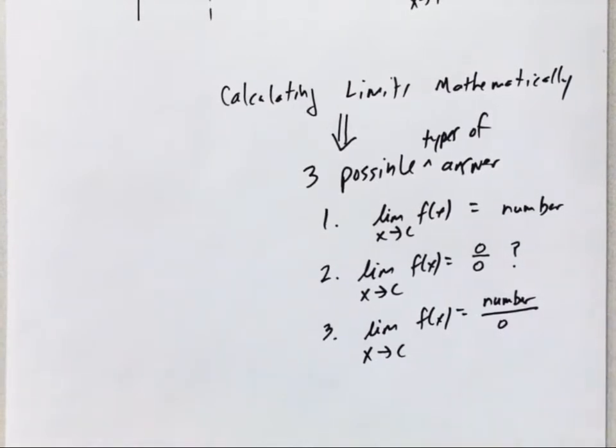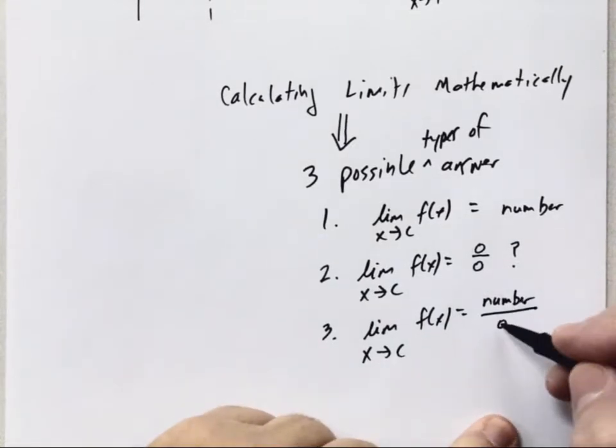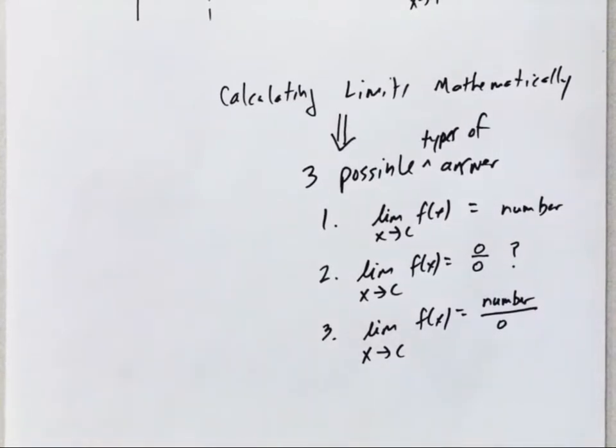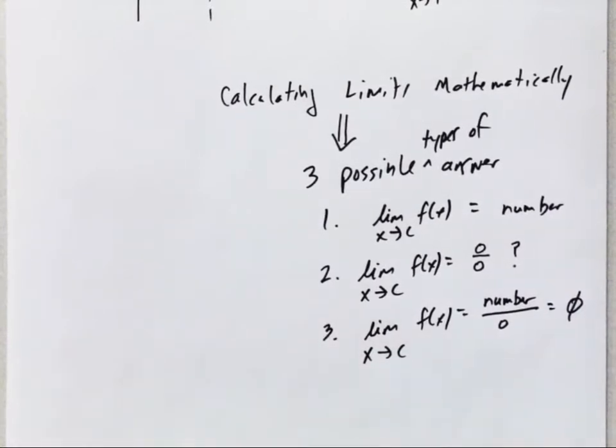But in the bottom of the fraction, you still have 0. If you end up with this, of course, a number divided by 0 is undefined, which basically means your limit is also undefined.